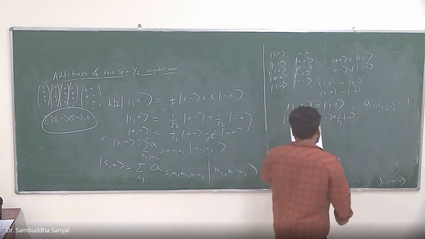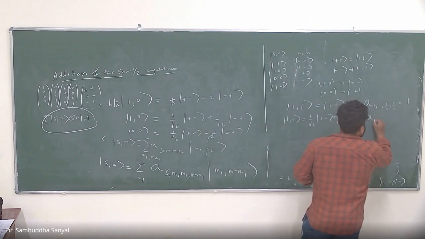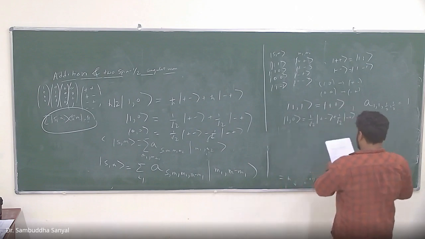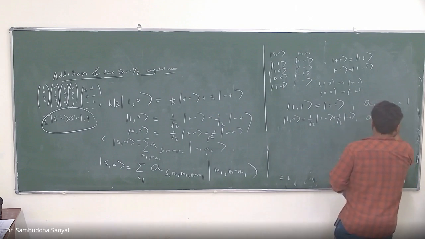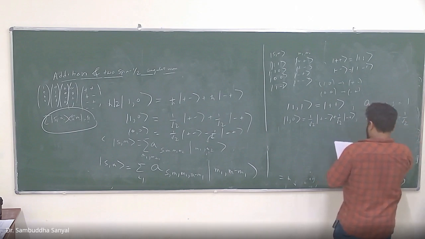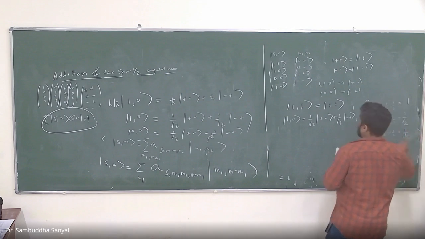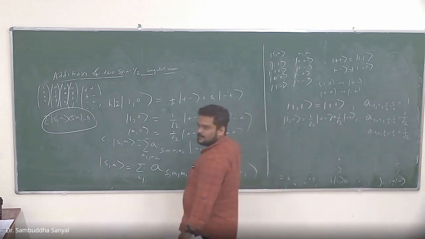Okay. So what does that mean? That means A11, this is 1.5. So that means this minus half is equal to 1 by root 2, and A11 half minus half is also 1 by root 2. Right? Sorry?